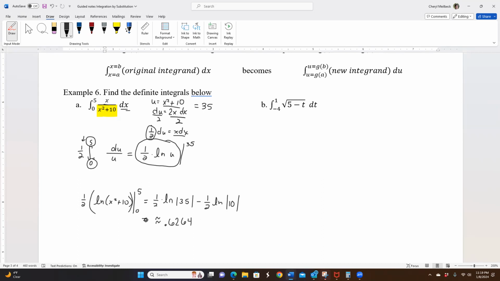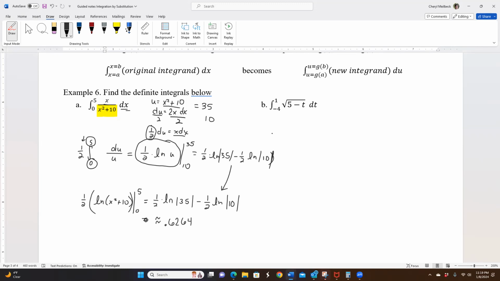And then we'd plug 0 into the u, and we'd get 0 squared plus 10, which is 10. So my lower bound would be 10, and notice that's what we wound up having here anyway. This would also give us 1/2 times the natural log of 35 minus 1/2 times the natural log of 10. So it winds up being the same function.